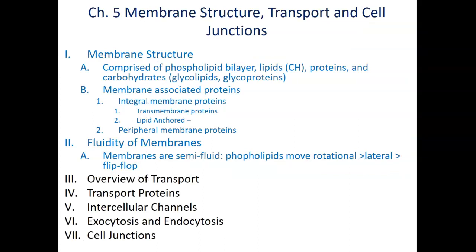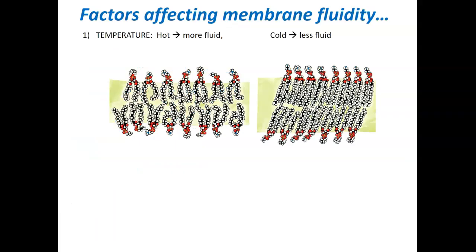All right, so let's talk a little bit more about some of the things that can impact the fluidity of the membrane. The first thing I want to talk about that affects membrane fluidity is temperature. As we start to warm up a cellular membrane, it's going to become more fluid. Whereas if a cell were to find itself in a colder environment, it's going to be less fluid.